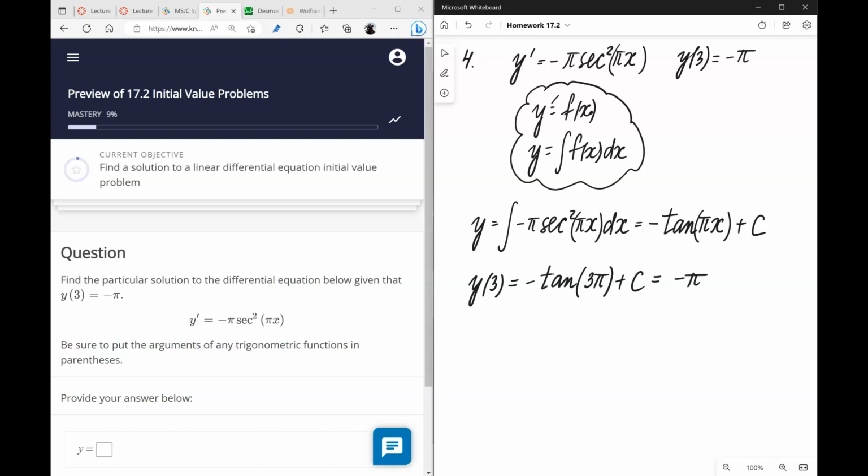And tangent of 3 pi, that's just 0. So here's your value of c that makes this solution satisfy both the differential equation and the initial condition.